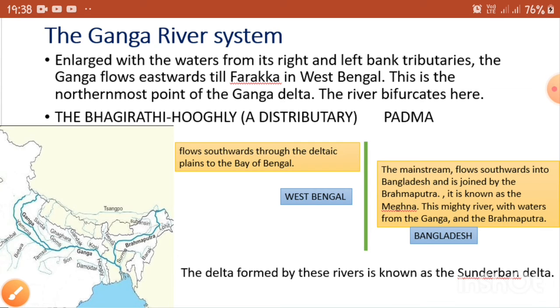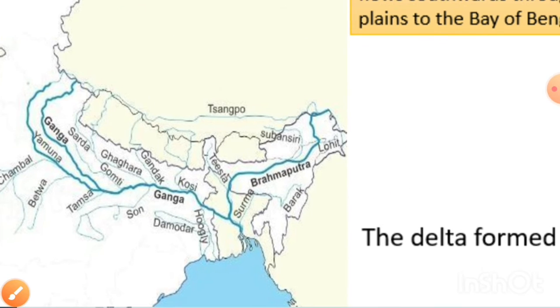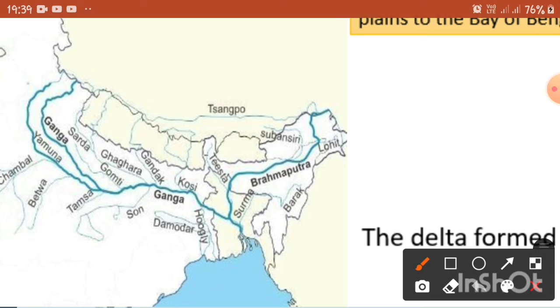So it is the Padma river which enters Bangladesh and joins with the Brahmaputra river, and from this part it is the mighty river named Meghna river.